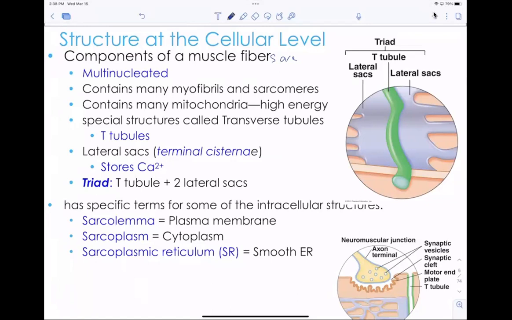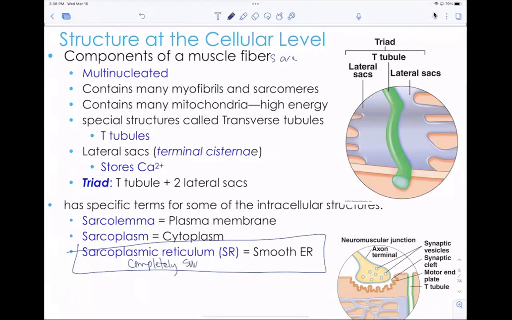We have a structure called a sarcoplasmic reticulum, and I'm going to start down here. It's a smooth endoplasmic reticulum, and it completely surrounds the myofibril. So each myofibril is going to have its own sarcoplasmic reticulum surrounding it.